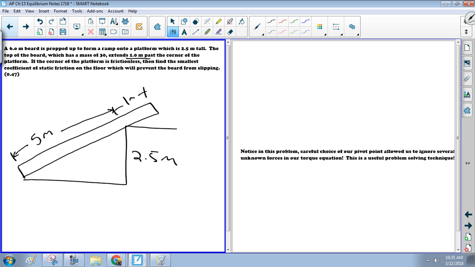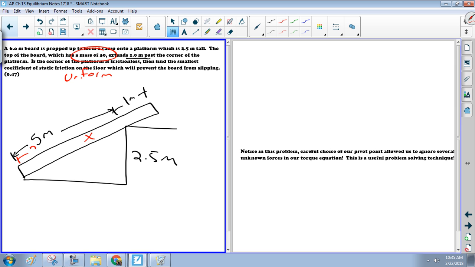All right, so there's my drawing with all of my distances labeled. The mass is 30 kilograms. Oh, I didn't explicitly say that it was uniform. Okay, let's assume that it's uniform. That's my bad. So, assuming that it's uniform, that's going to tell you where your center of mass is, right?